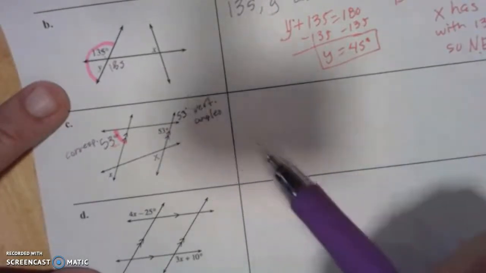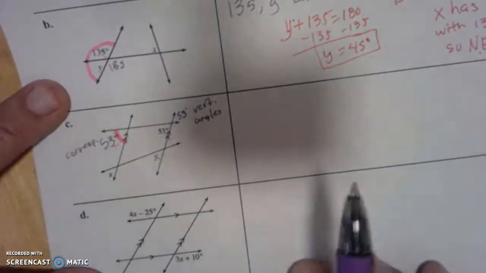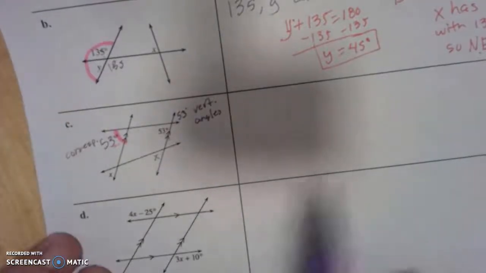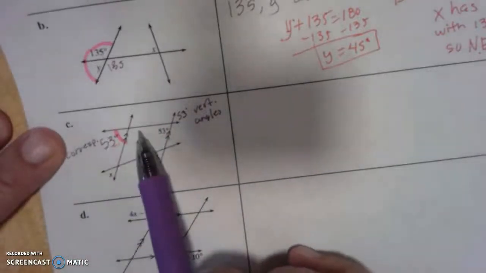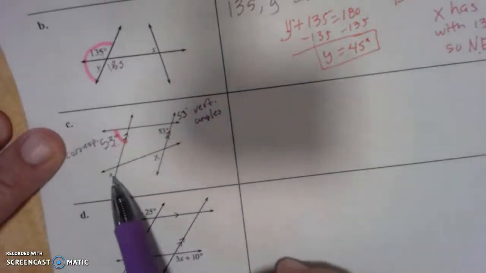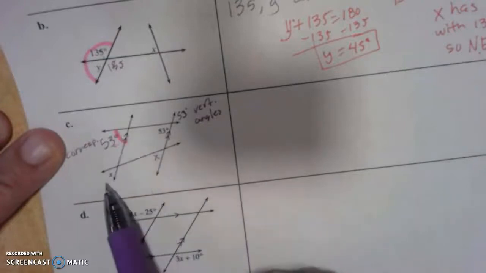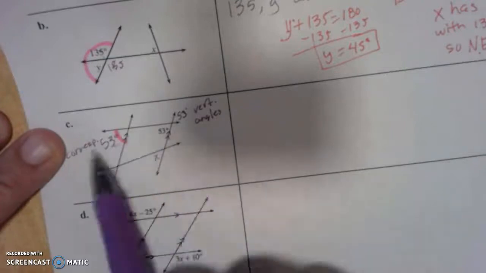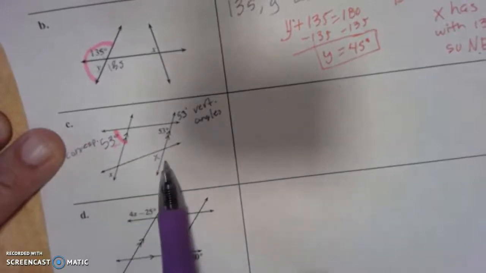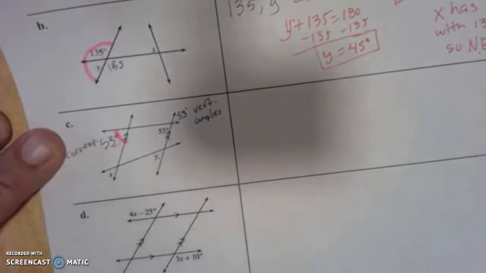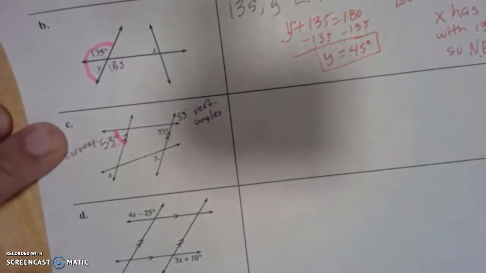Can I figure out, I don't know if I can figure this one out. Is there enough information? It almost doesn't seem like it, because these are not parallel lines, so I can't cross them this way. I can only go back and forth down here, back and forth over here. I don't think there's enough information.